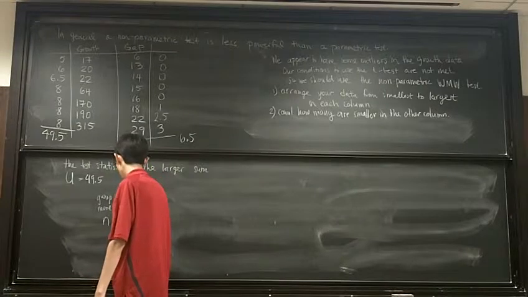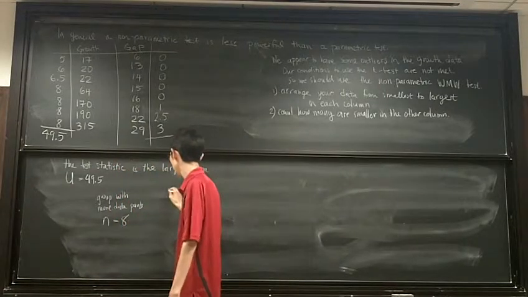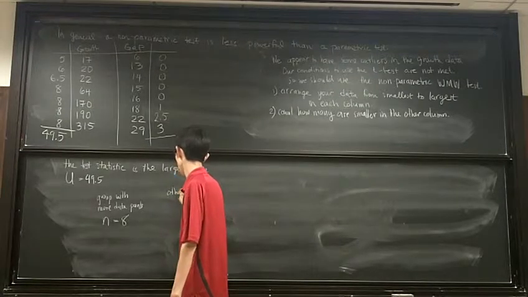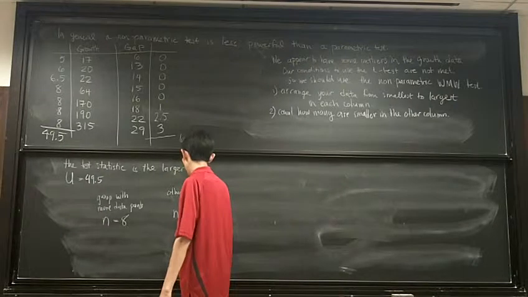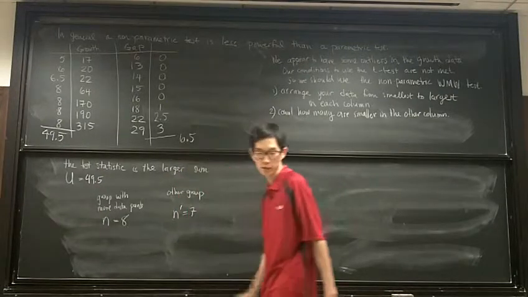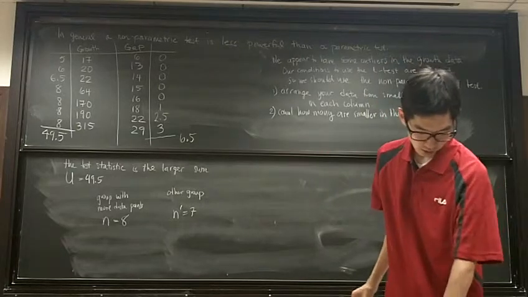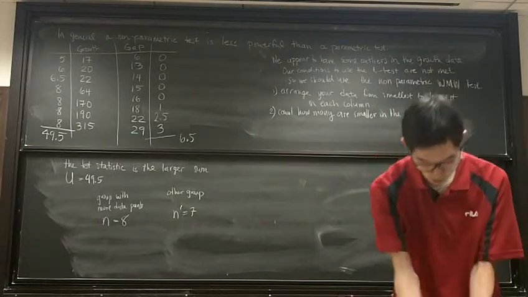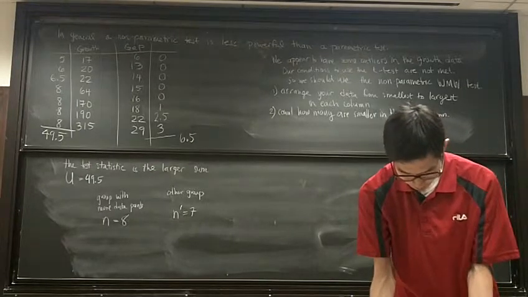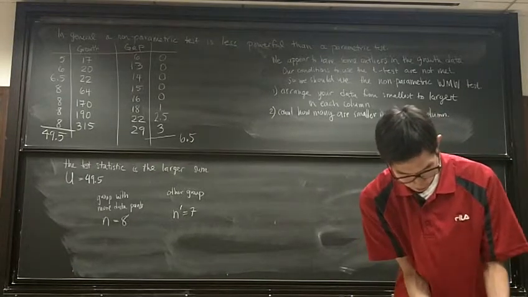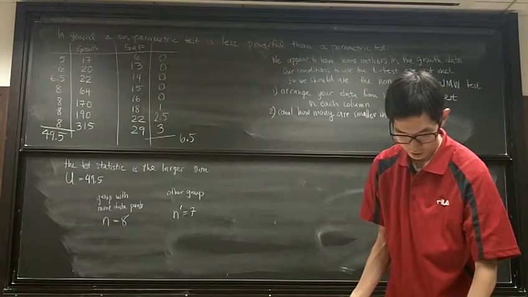So our N is 8, and the other group is our N prime. Is it N1 and N2, or is it N and N prime? I forget. N and N prime, good. Everything has different notation.